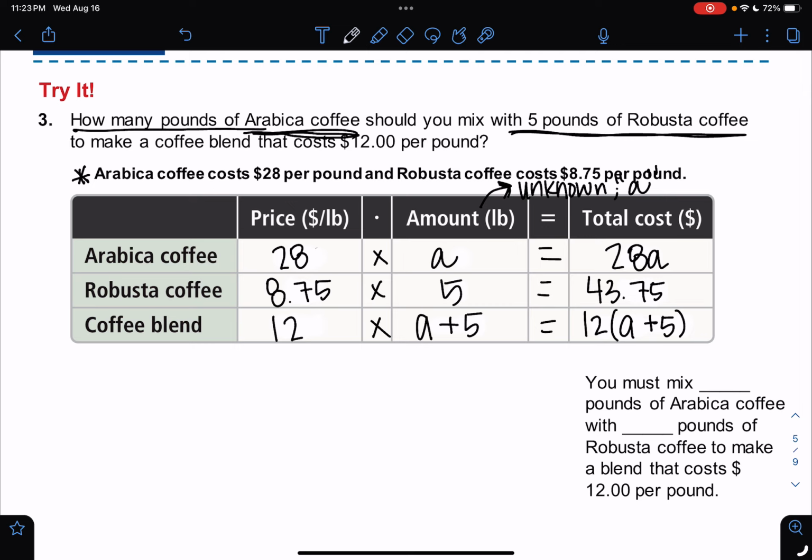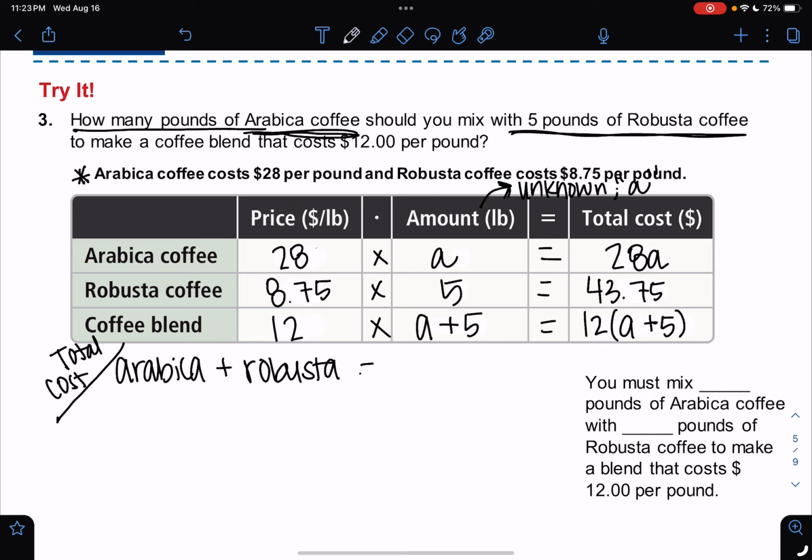What we're doing is this: we have the cost of the Arabica plus the cost of the Robusta, and these are all total costs, and that is going to equal the coffee blend, because we're using amounts of both.